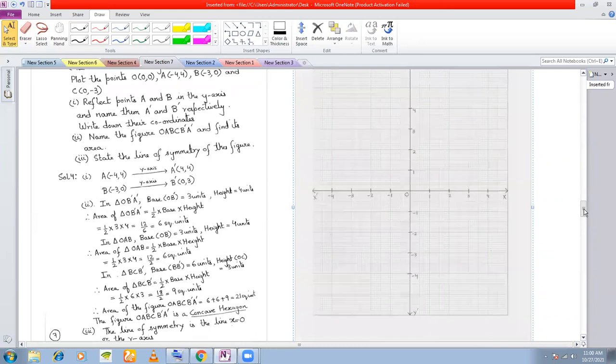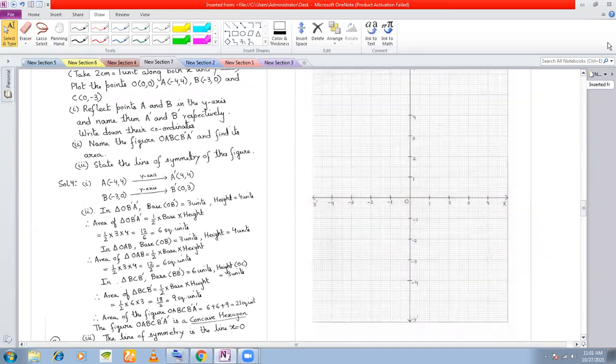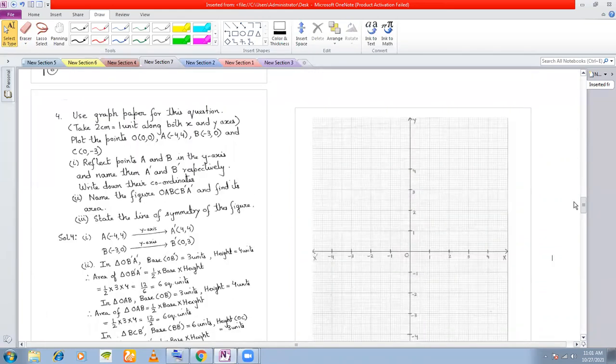So we draw the scale on this graph. We write the scale first. One smallest division is equal to 0.1 unit. Once we have written the scale, now we proceed with the problem here.